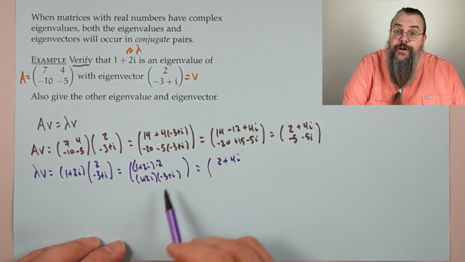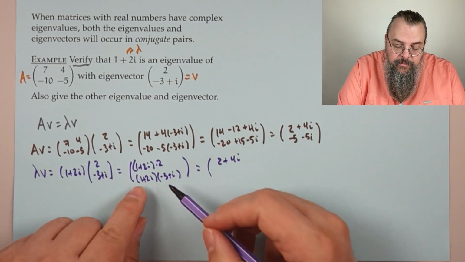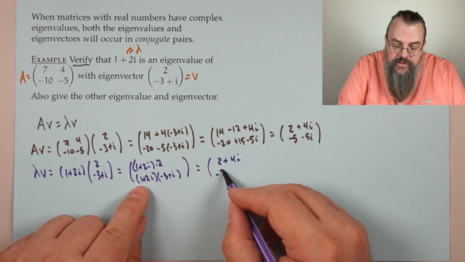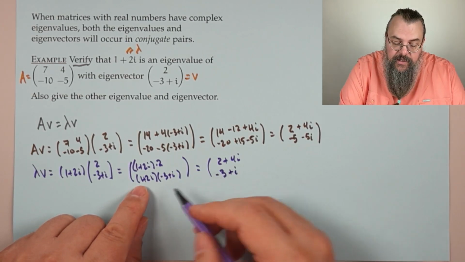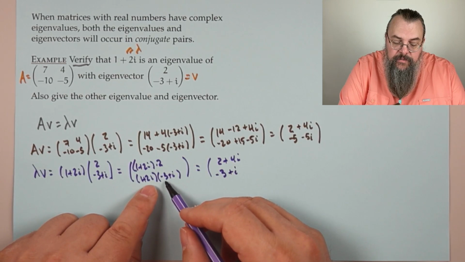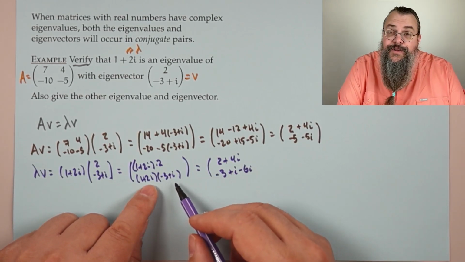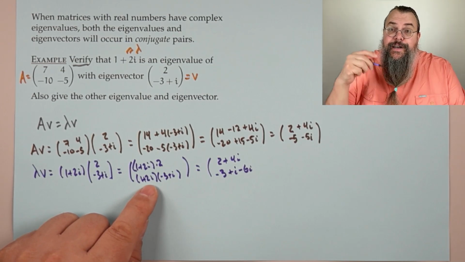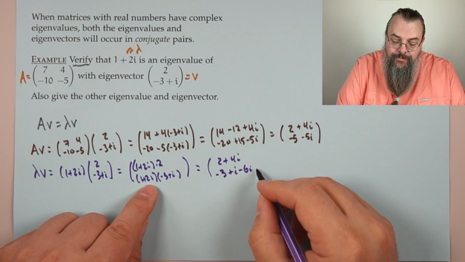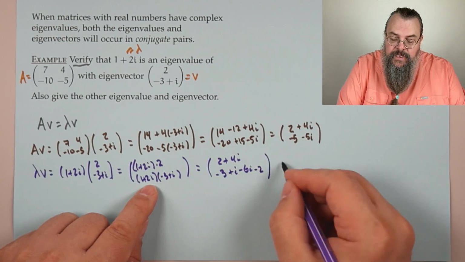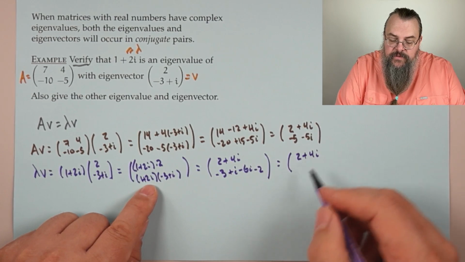Now here, what do we do? Well, you FOIL. 1 times minus 3, minus 3. 1 times plus i, plus i. 2i times minus 3, minus 6i. 2i times i, 2i squared, also known as minus 2. Put it together. Well, upstairs, 2 plus 4i.